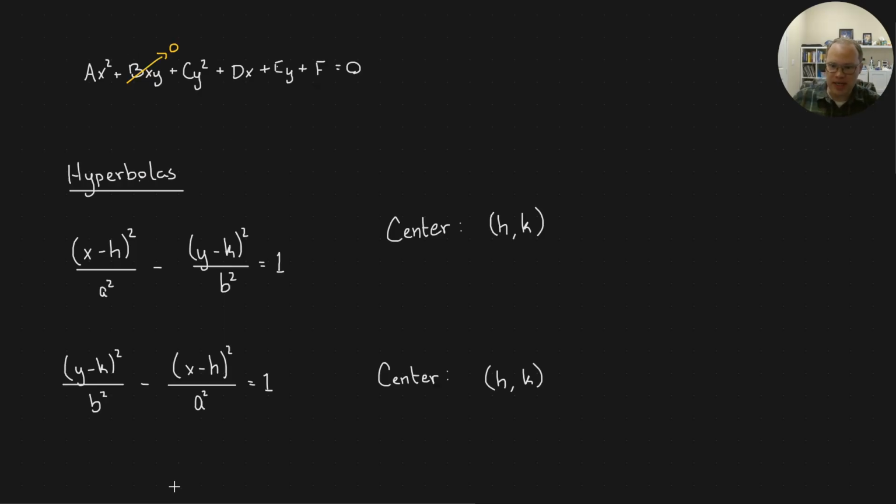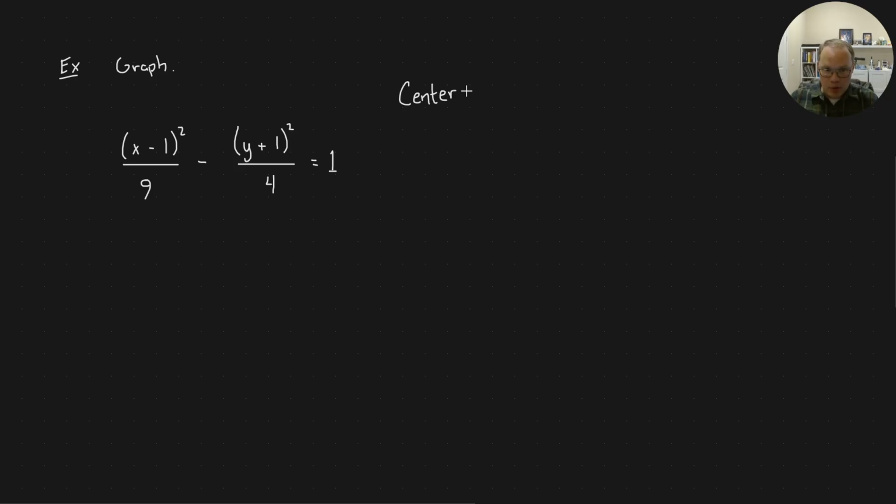Okay, so let's do a couple of examples. So here we can identify this is a hyperbola because of the minus, the opposite signs of the x squared term and the y squared term.